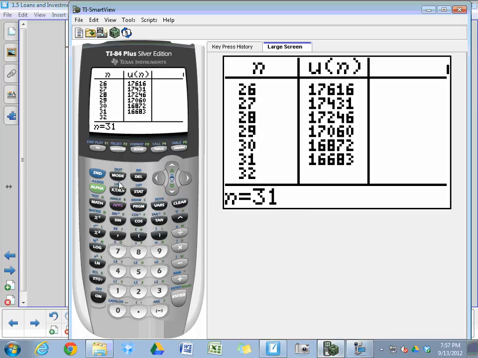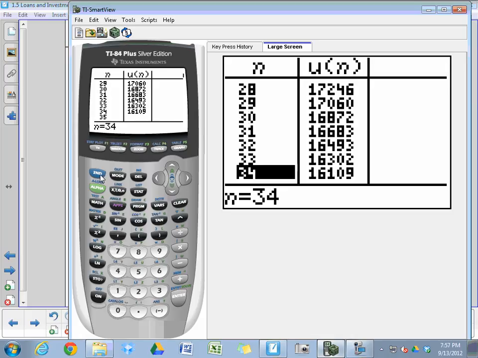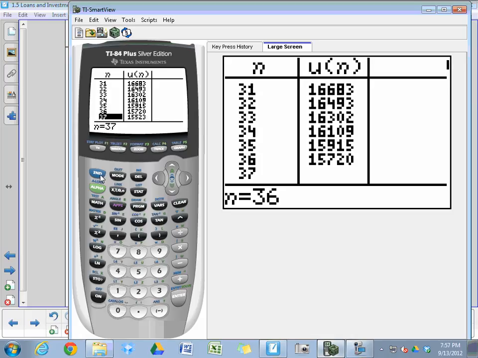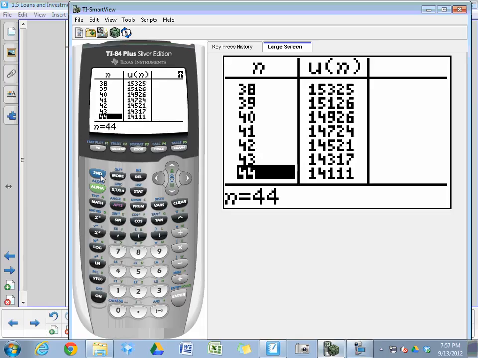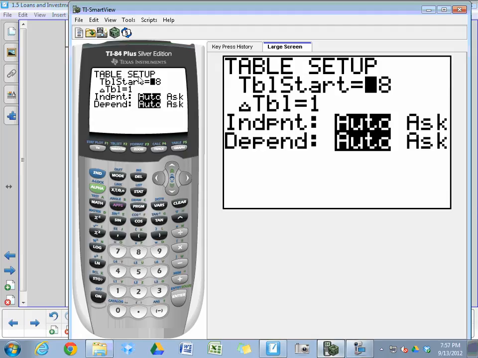Let's go to what's called the table setup screen. So let's press second. Sorry, I hit the arrow too many times. Let's hit second. There we go. Second window is your table setup screen. And this is where my calculator was before when I had to change it. Put the independent variable on ask. Enter.